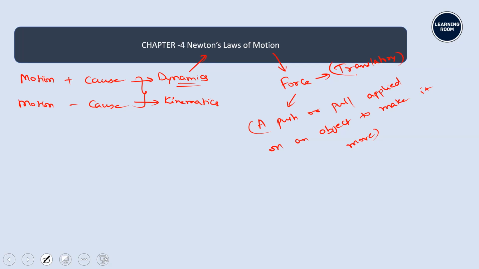So force is going to give you translatory motion. Whereas when you talk about rotational motion, like how I showed for the cap, what is the cause responsible for it? The answer to that is torque. T-O-R-Q-U-E. If I have to give you a simple example, let's say there is a screw.